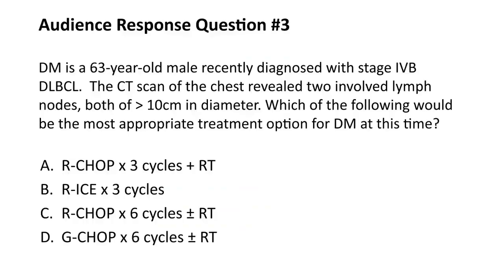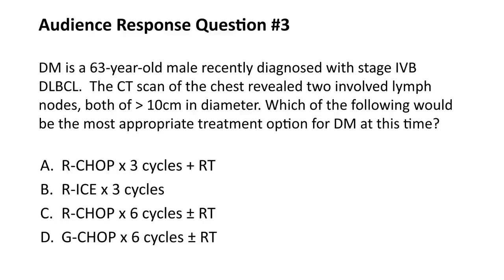Okay, changing gears now into diffuse large B-cell lymphoma. Our third audience response question. We have a 63-year-old male recently diagnosed with stage 4B diffuse large B-cell lymphoma. The CT scans revealed 2 involved lymph nodes, both of which are greater than 10 centimeters in diameter.